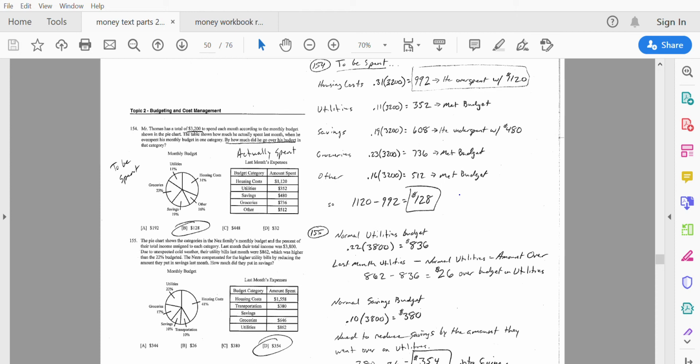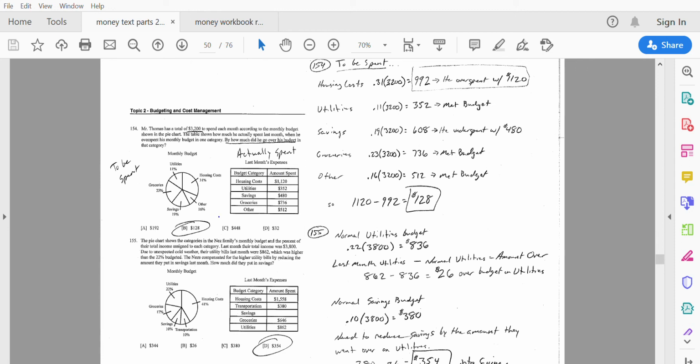Due to unexpected cold weather, their utility bills last month were $862, which was higher than the 22% budgeted. They compensated for the higher utilities bills by reducing the amount they put into savings last month. So what that means is however much more they had to pay for utilities, they took that much away from savings. And then the question is, how much did they put in savings?